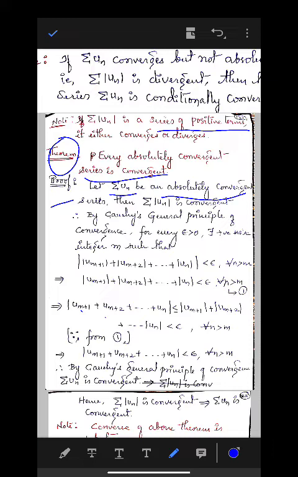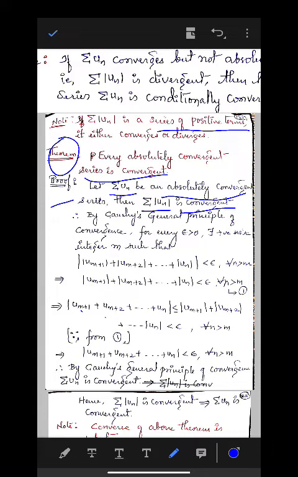Then summation modulus of un is convergent.